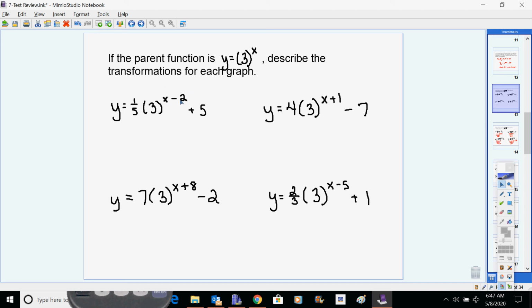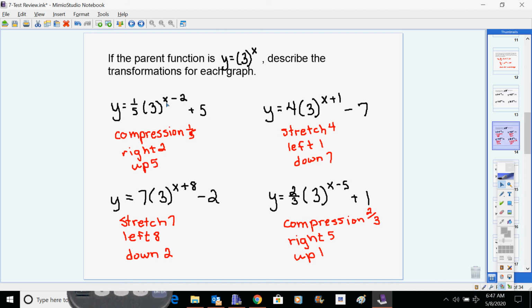Now remember, the number that goes with the x's is the one that tells you left or right. This one tells you up or down, and this one tells you compression or stretch. So, compression of 1/5, right 2, this is the one that seems backwards, and up 5, this is the one that seems natural to you.